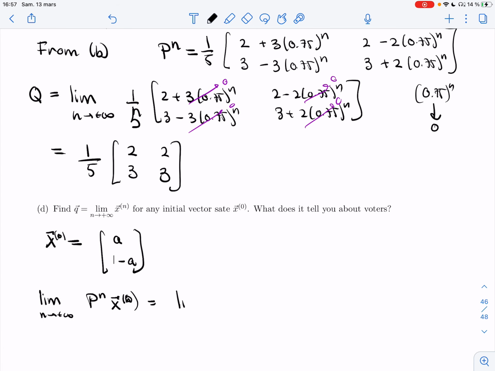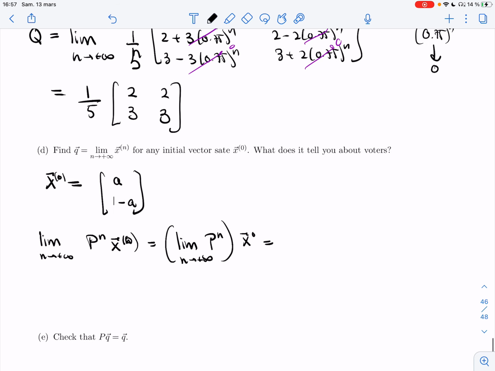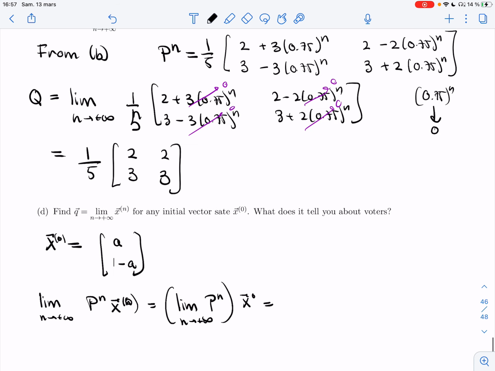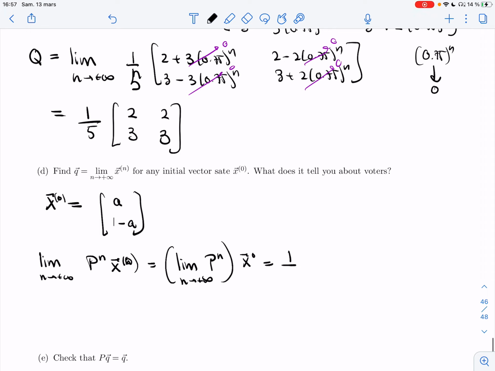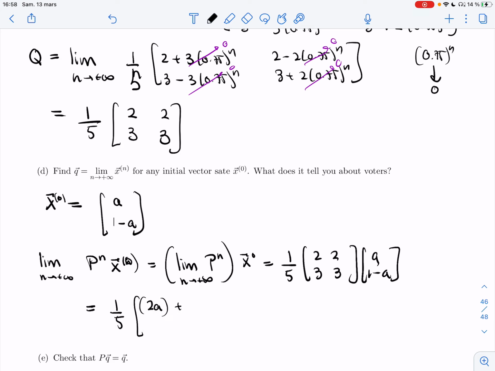So I can actually take out the constant like you would do with a regular limit. So x0 doesn't actually get involved in the limit. And so I'll get 1/5, (2, 3; 2, 3) times (a, 1 minus a). And so I'm getting 1/5, (2a plus 2(1 minus a), 3a plus 3(1 minus a)).